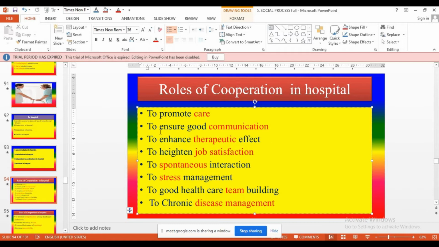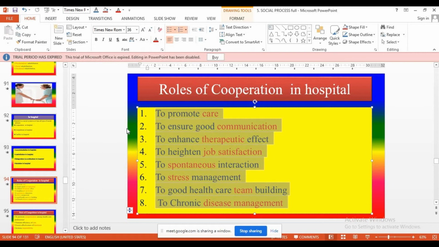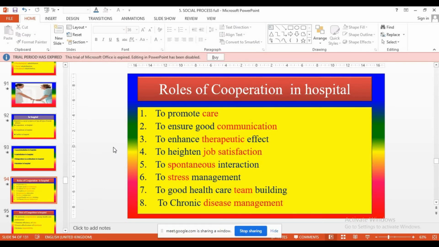Second, good communication, which means promoting therapeutic communication. When we talk with patients, we should be conceptualized regarding cooperation and conflict. So this knowledge helps promote therapeutic communication.